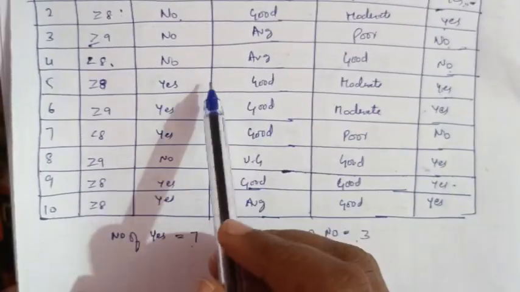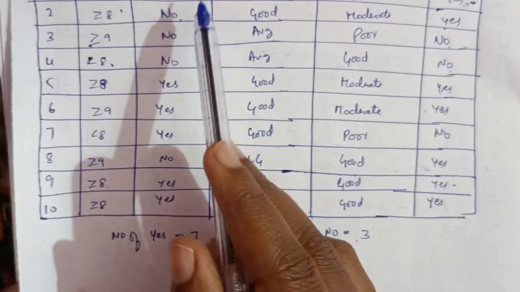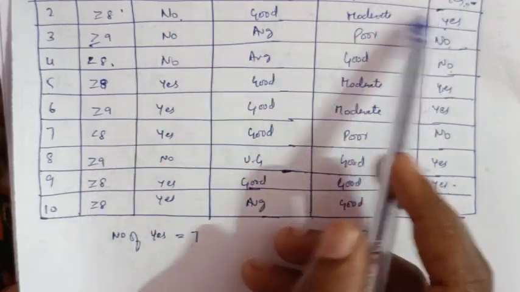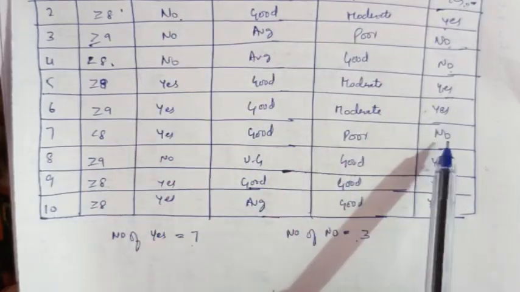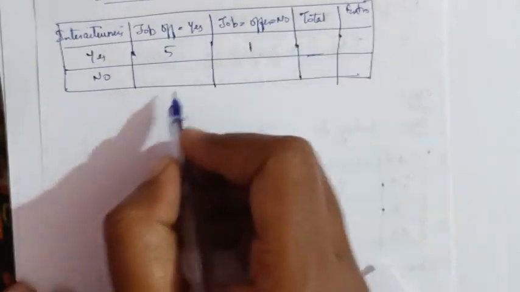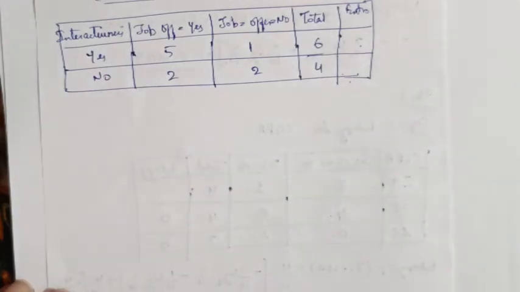And for no, the target attribute should be no. Here we have 1 no. Similarly for no we have 2. We have to calculate entropy for these two instances in the same manner as we calculated for CGPA.